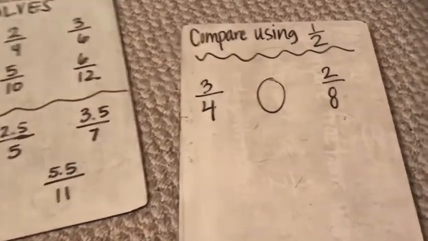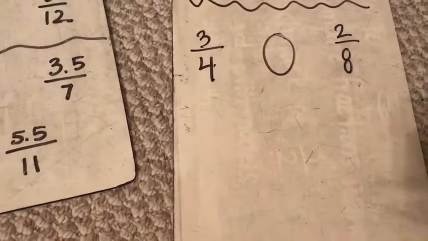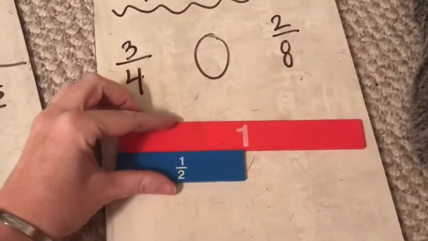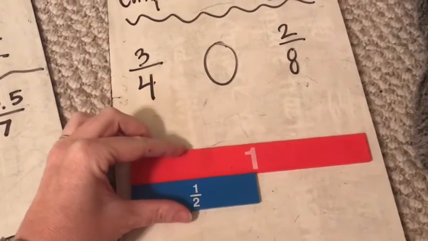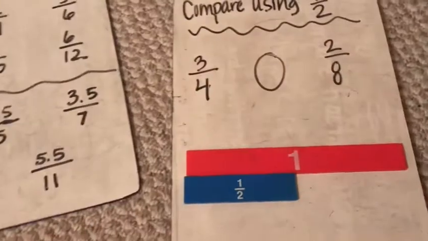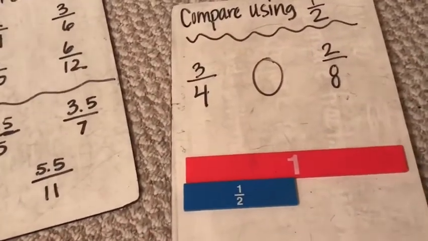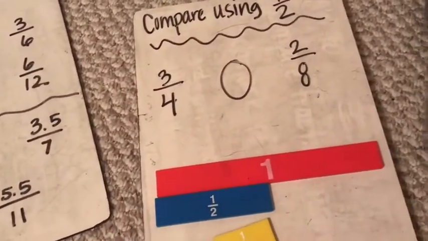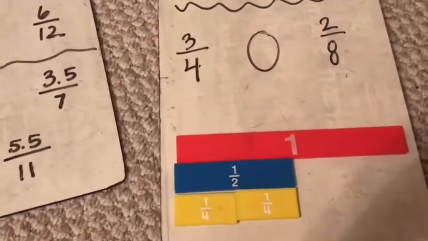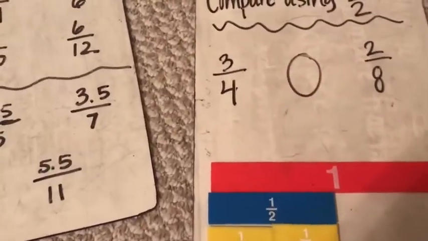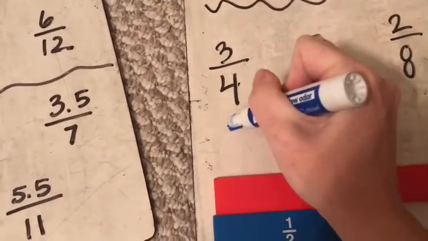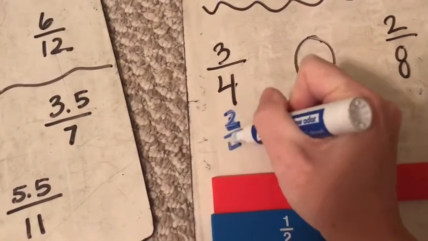I got a practice problem, okay? So 3/4 and 2/8. If I'm going to reason about 3/4 and 2/8, well, do I know what half is with fourths? I do. Since 2 is half of 4, 2/4 is half. It's equivalent to half. So I'm just going to write 2/4 down here just to help me get my thinking right, okay?